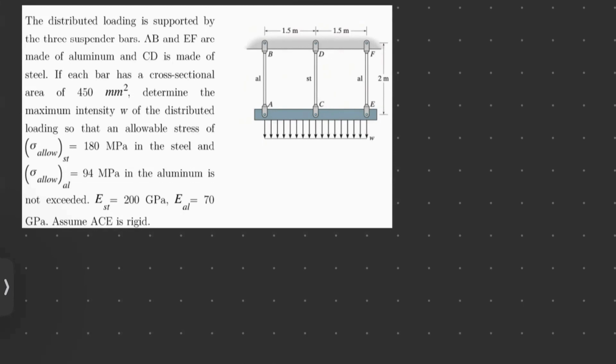So we know that it is rigid, and we know that the total distance between the 3 bars is 3 meters. If we have a distributed loading here, this would usually be equal to something kilonewton per meter.